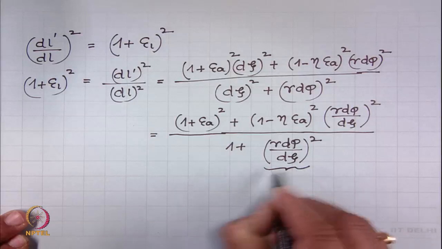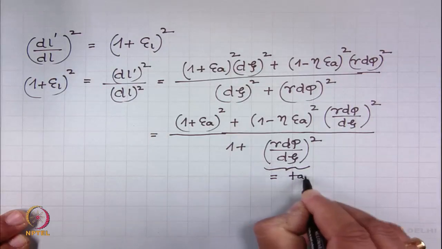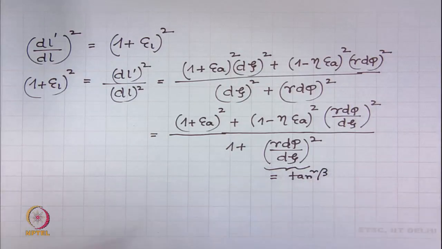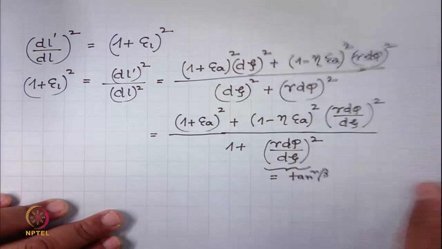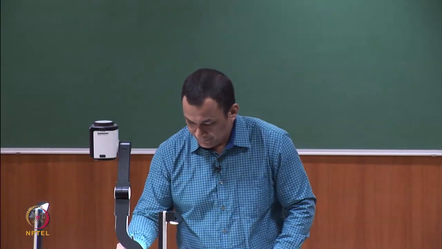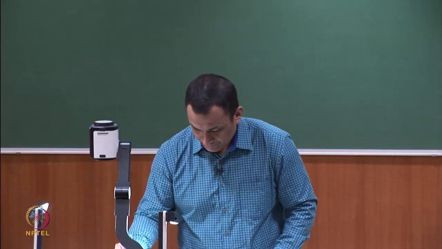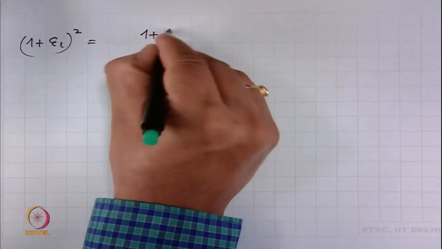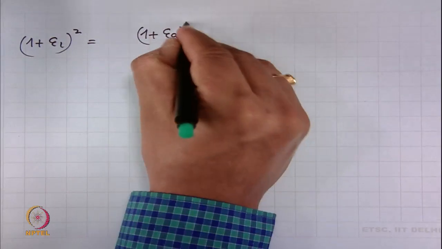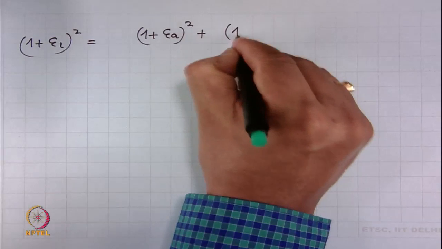So, this quantity is equal to tan square beta. So, we substitute this, then what we obtain is 1 plus epsilon a squared plus 1 minus eta epsilon a squared tan square beta.